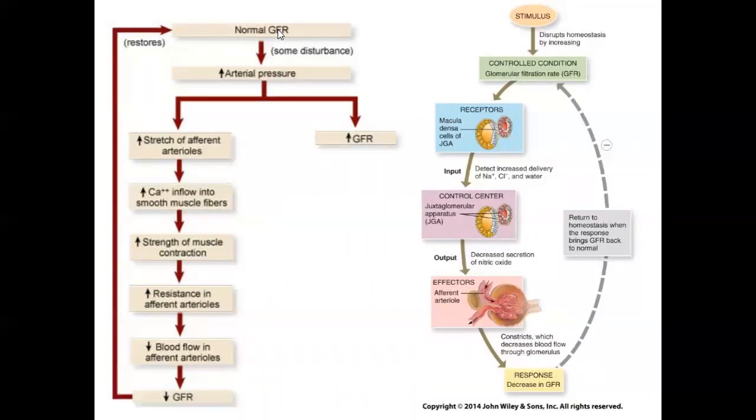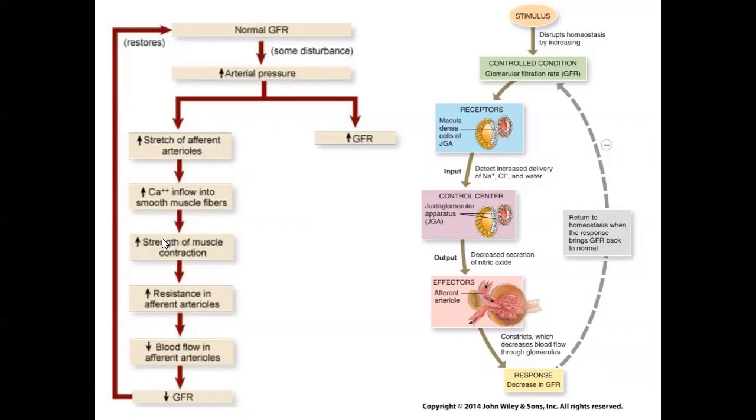We have normal GFR, then some disturbance occurs, driving up arterial blood pressure. Maybe we're just stressed and our blood pressure throughout the body goes up. Therefore our GFR goes up because we're forming more filtrate. But at the same time that's happening, we're going to fix it pretty quickly, because as those afferent arterioles are stretched more, a couple things happen. Mainly, just pay attention to what happens here.